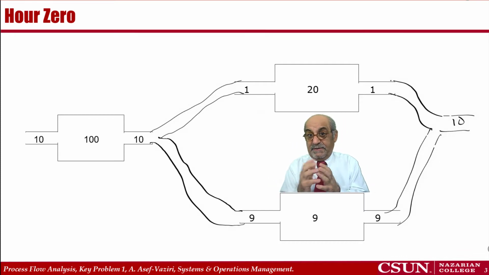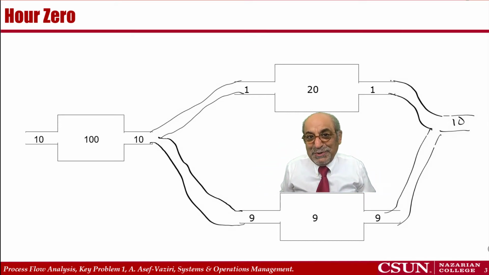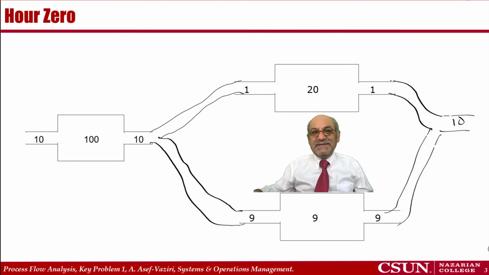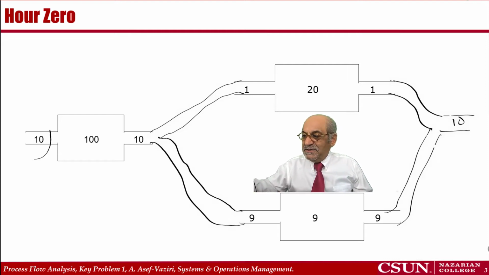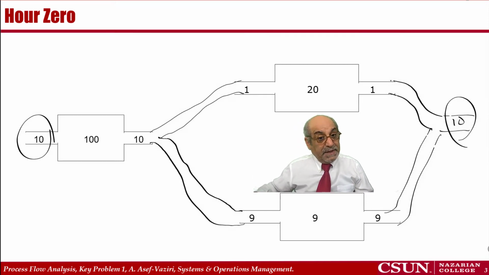Now we have a system. System is a set of components and a set of interrelationships between them. We have a system. 10 gallons per hour comes in, 10 gallons per hour goes out.